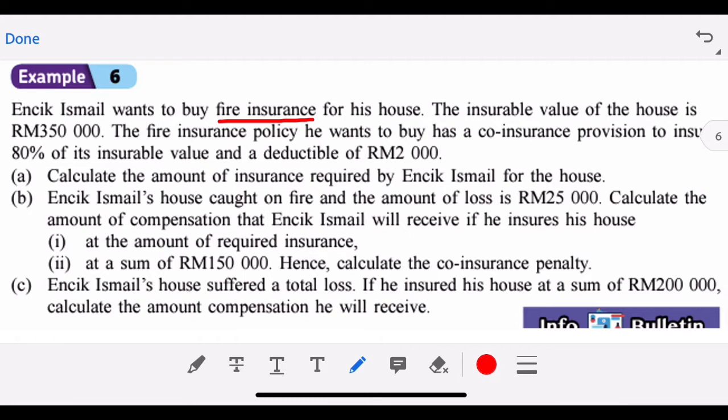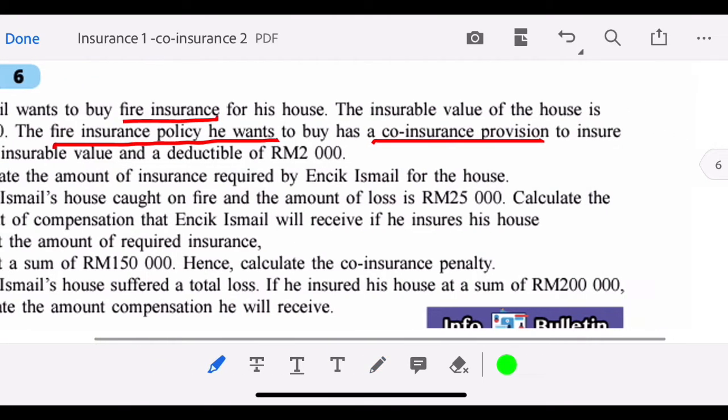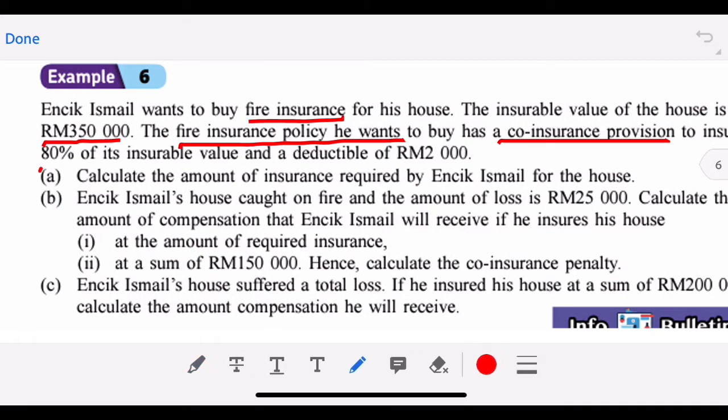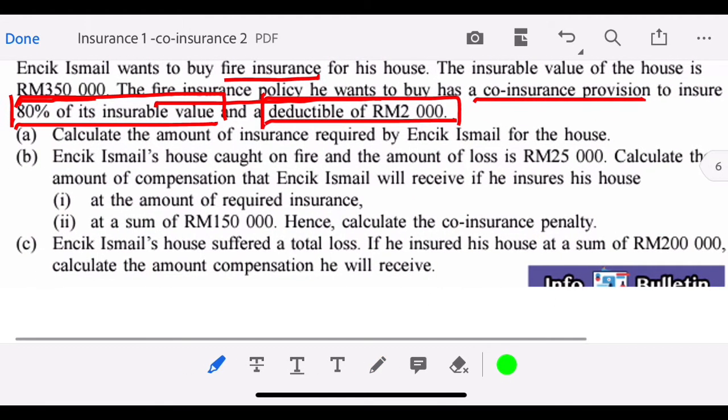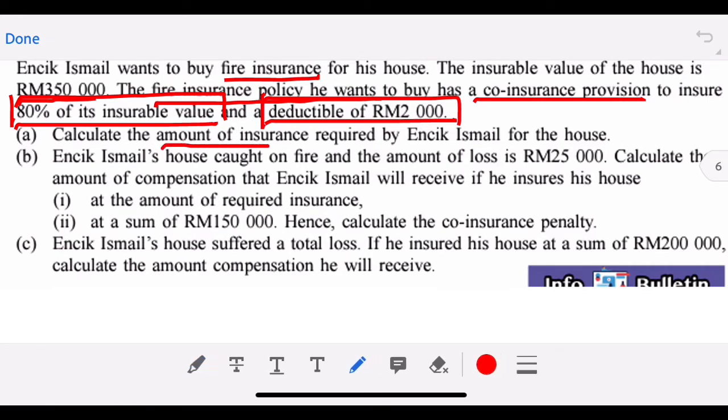The insurable value of the house is 350,000 ringgit Malaysia, and the fire insurance policy he wants to buy has a co-insurance provision to insure 80% of its insurable value, with a deductible of 2,000. Calculate the amount of insurance required by Inche Ismail for the house.